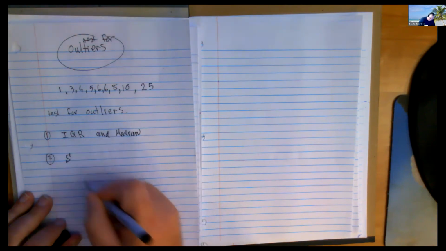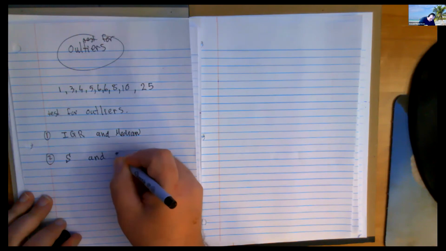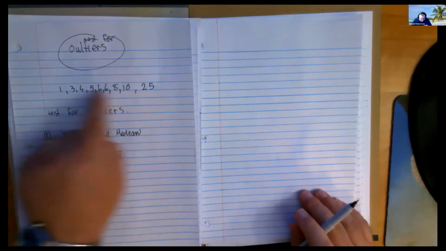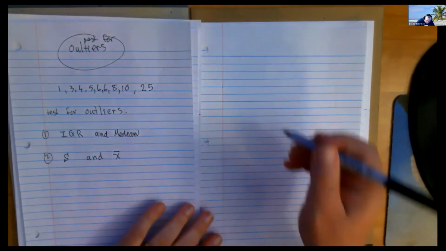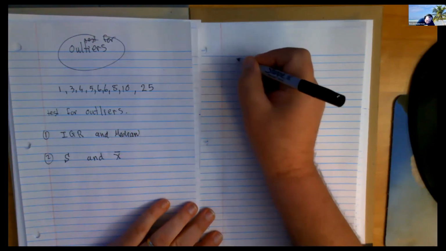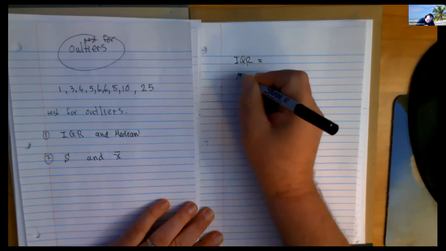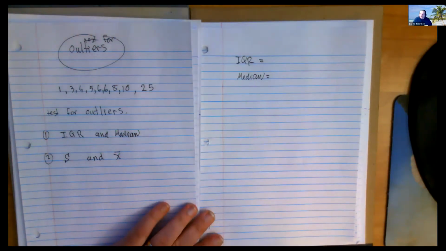And the one that uses the standard deviation uses the standard deviation and the mean. Okay, so I'm going to take this data set that we have here, and I am going to find the interquartile range and the median. And then I'll tell you what the test is.